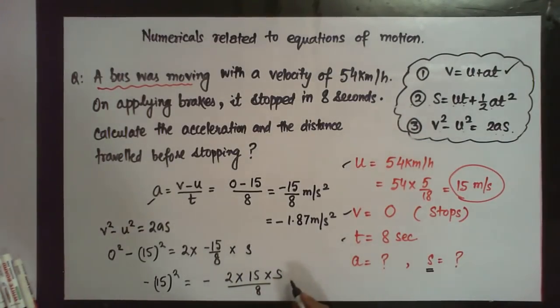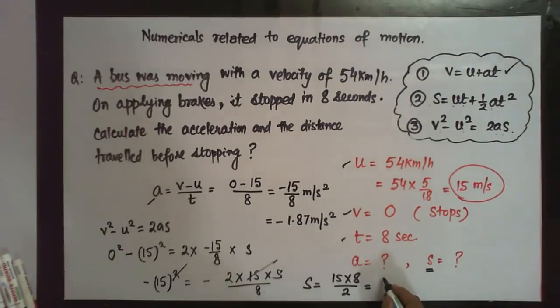So find out S. 15, 15 gets cancelled here. So we get S is equal to 15 into 8 divided by 2. How much is 15 into 8? 120, which gives 60 meters as the answer.